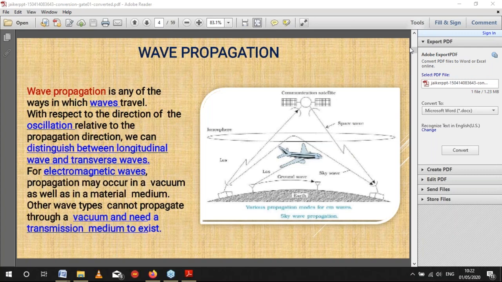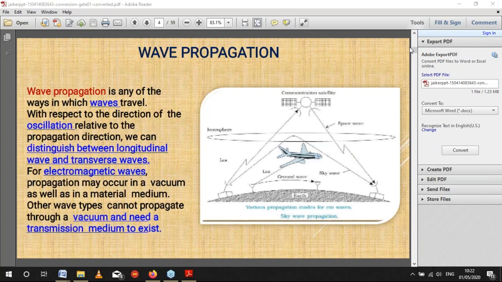Now let's look at wave propagation. Wave propagation is any of the ways in which waves travel with respect to the direction of the oscillation relative to the propagation direction. So any direction in which a wave travels is wave propagation.